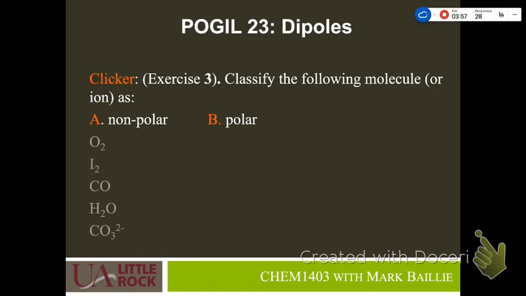Okay, so the first step we have to do is what Taylor first said. If it's only one type of atom or only atoms that have similar electronegativity, then we don't have to do anything else. We just say it's nonpolar. That's really easy. But if there are polar bonds, we have to think about the molecular shape before we can decide whether that polarity ends up canceling out or not.